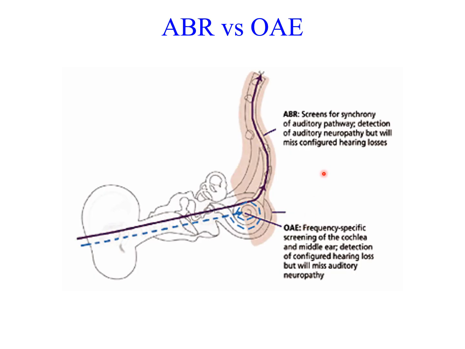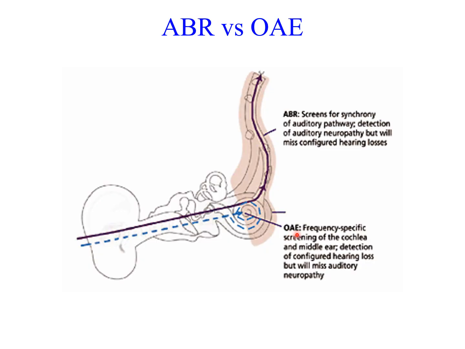So the pros and cons for OAEs and ABRs are just the opposite. ABR is screening for neurosynchrony and is good to detect auditory neuropathy, but it's bad for specific audiometric configuration. OAEs are the opposite. OAEs provide frequency-specific screening for the cochlea and middle ear cavity.